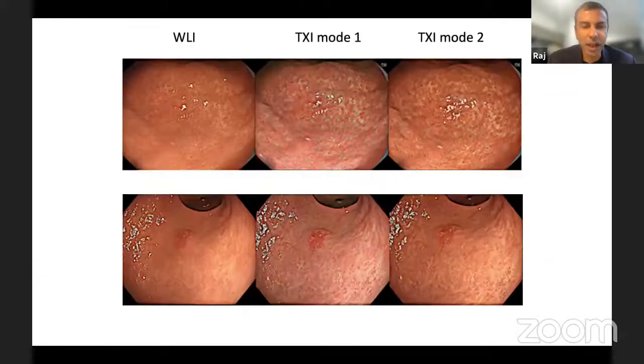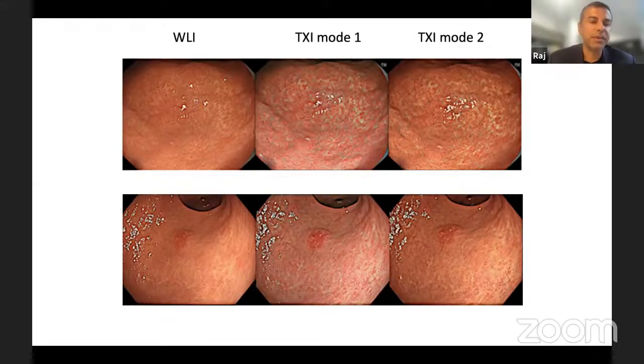So how does it help? It can help with various things. In the colon, at least, what we have found increasingly is that it helps with increasing detection of polyps. It also helps to a certain extent with characterization.